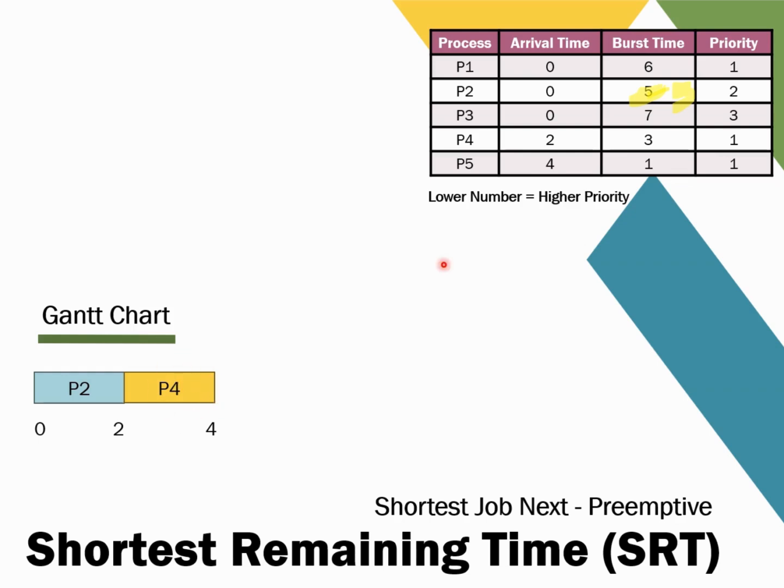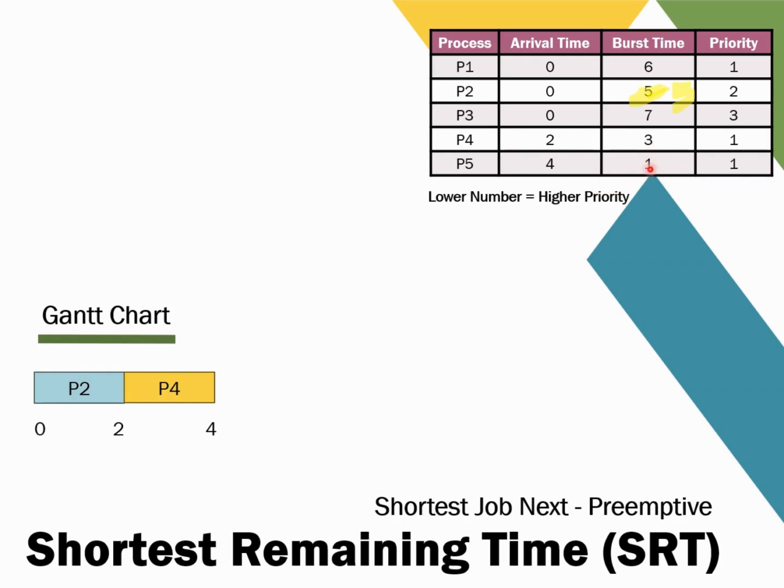As you can see here, at time 4 we have another process. At time 4, P4 has been running for 2 nanoseconds, so it still needs one more here, but P5 comes at 4 and also needs 1 nanosecond.